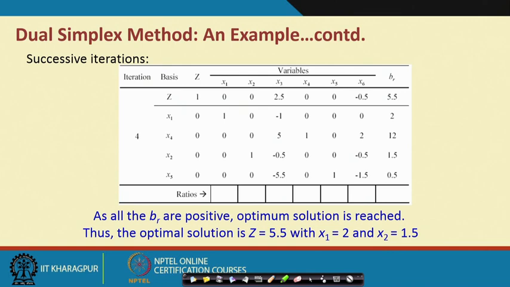So, with the condition that at least one of the b coefficients, that is the right-hand side constant, should be negative, you move on in an iterative process till you get the optimal solution. So the reach point of the optimal solution is that all the b coefficients, that is the right-hand side constants, should be positive.